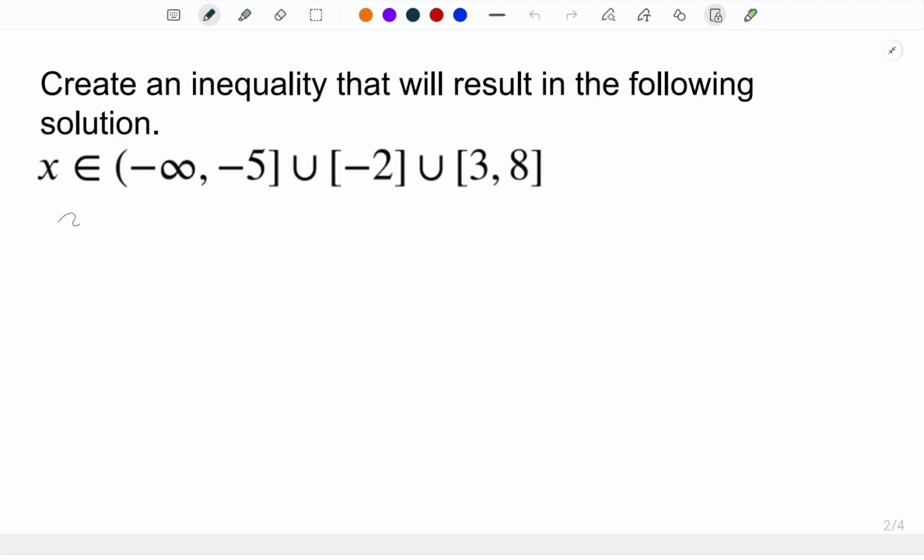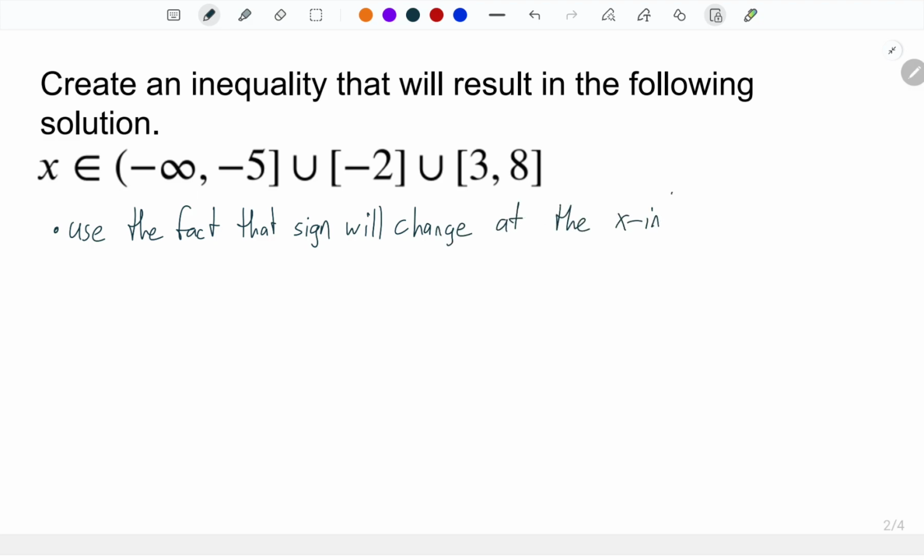So what we need to remember is that for inequalities, the polynomial changes signs only at the x-intercepts, and it can't change anywhere else. So I'll write it down: use the fact that sign will change at the x-intercepts.